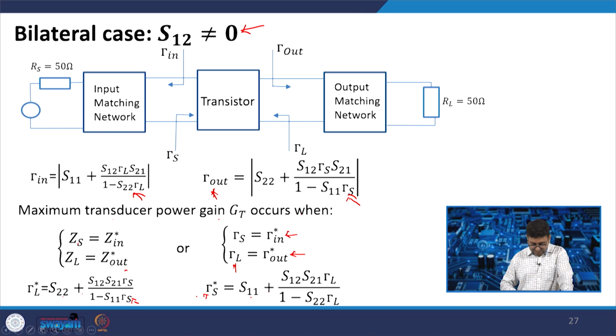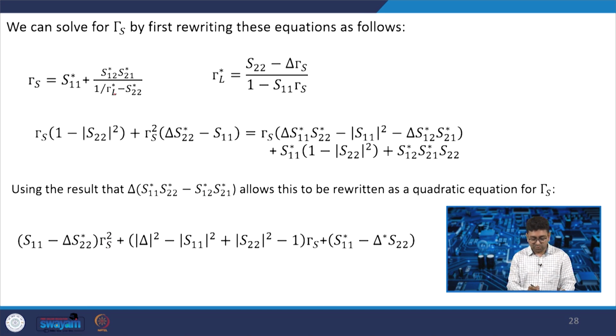You can write this equation, that is gamma S equals S11 conjugate, and this will come into the denominator into S22 square, where gamma L is equal to S22 minus delta gamma S by 1 minus S11 gamma S. Again you put this gamma L in this equation, then you will have a function of gamma S. Because we are interested in finding the value of gamma S, this is gamma S (1 minus S22 square) plus gamma S delta S22 star minus S11 equal to this complete equation that will come.